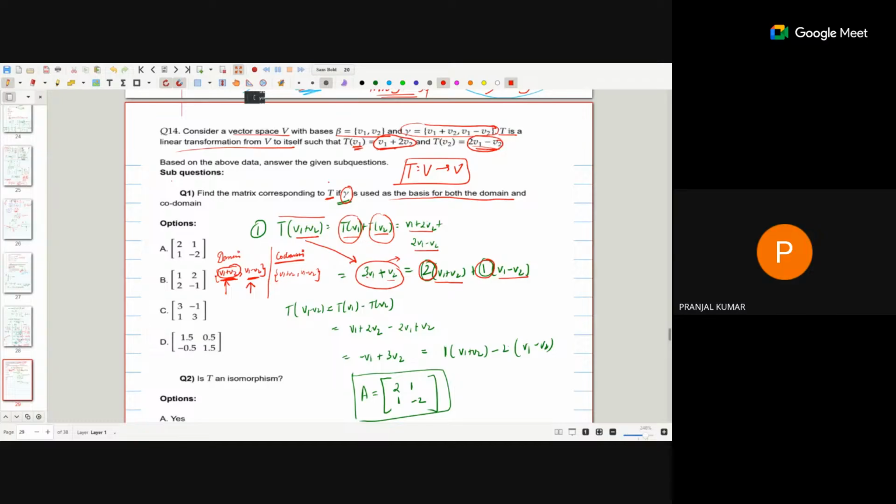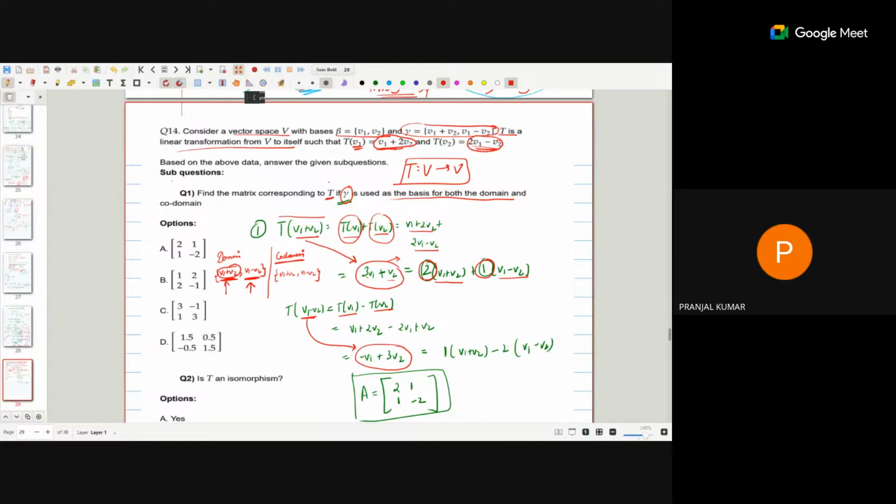2, 1. Now for the second basis vector, T of V1 minus V2 would be T of V1 minus T of V2. I have the images. So V1 plus 2V2 minus 2V1 plus V2. So I will get this. This is your output corresponding to this input basis vector.